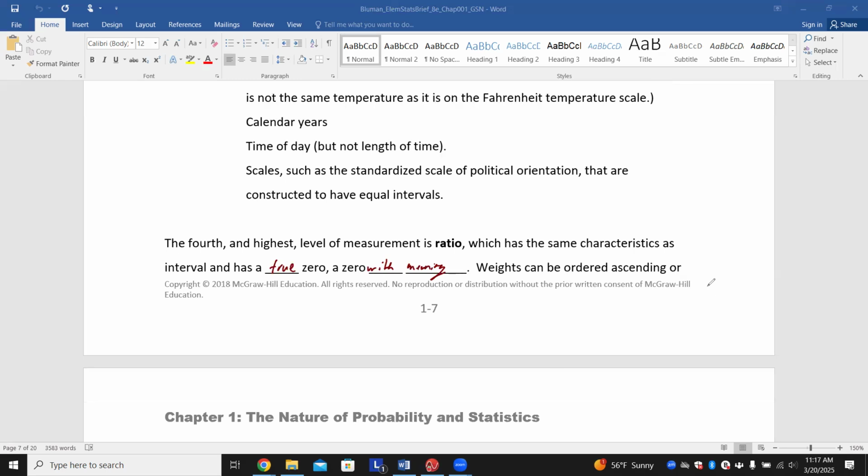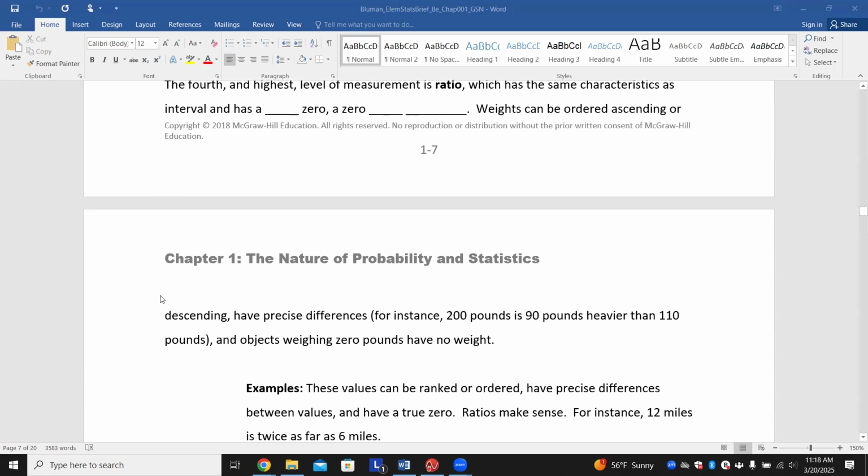For instance, 200 pounds is 90 pounds heavier than 110 pounds, so it has a meaning there. If I had 0 pounds, then I would have the absence of pounds. I don't have negative weight. So 0 pounds does have a true meaning, and therefore it is a ratio.